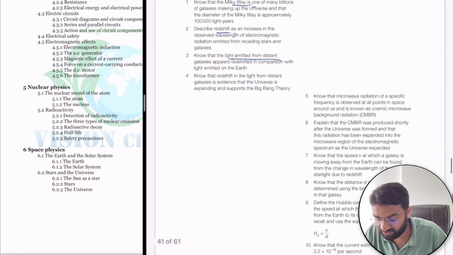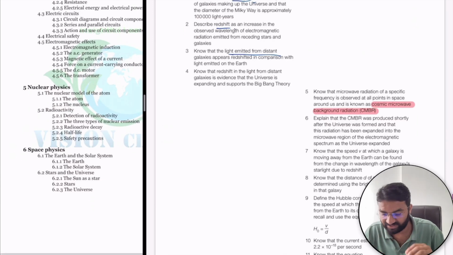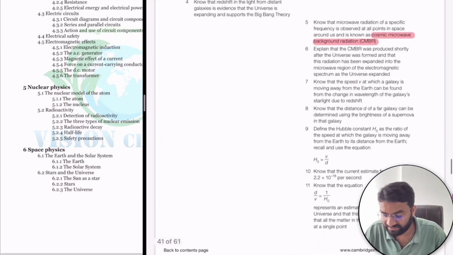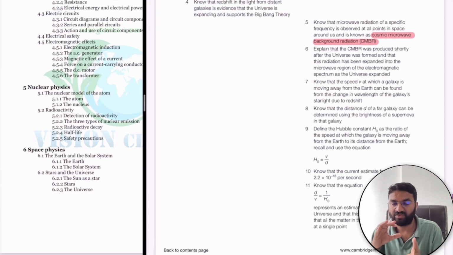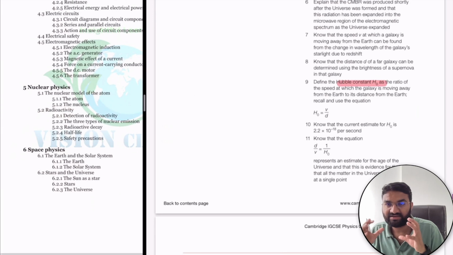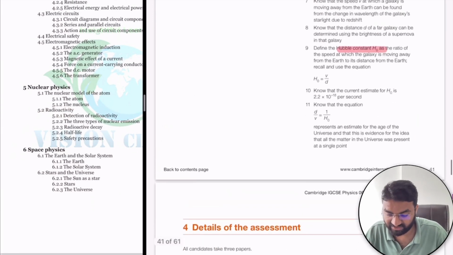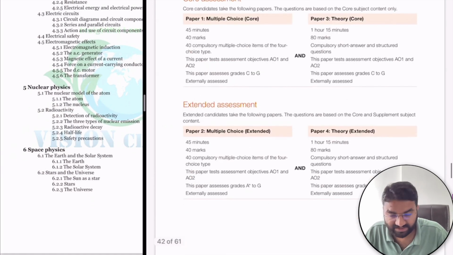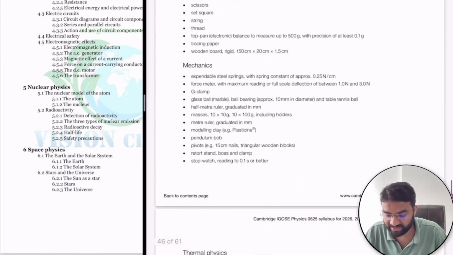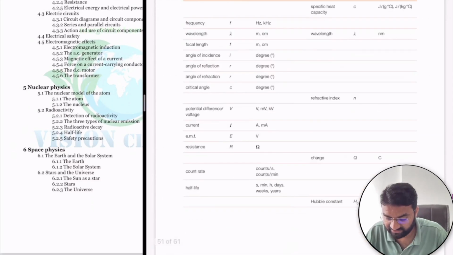For the student, more specifically, you have to understand the cosmic microwave background radiation concept, CMBR. Then you have some Hubble constant related concepts that you have to understand, and even go through some numericals based on this part. That's it. These are the topics for both core as well as extended students.